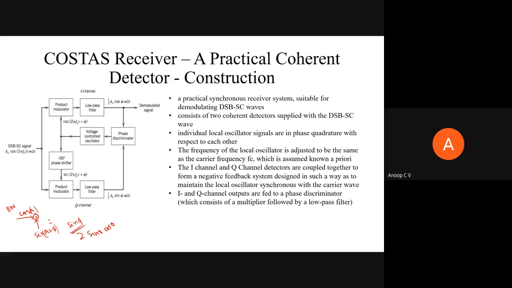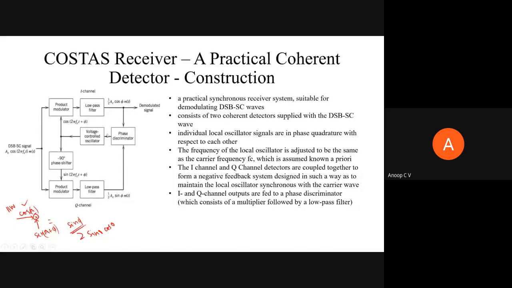So that is the basis of how this phase discriminator, which in turn is a multiplier followed by a low pass filter, can give us the phase difference between two signals. It follows from the very basic trigonometric identity, and you should know what a low pass filter is. Those are the two requirements for you to appreciate that concept.